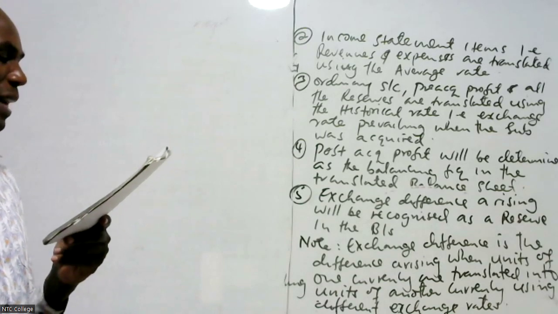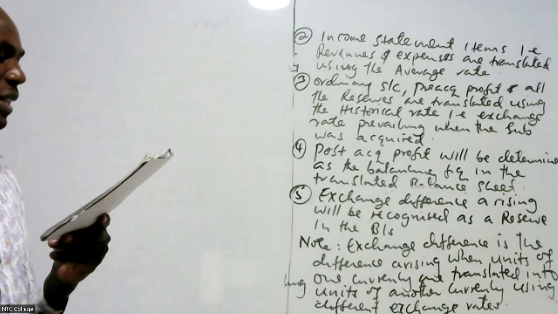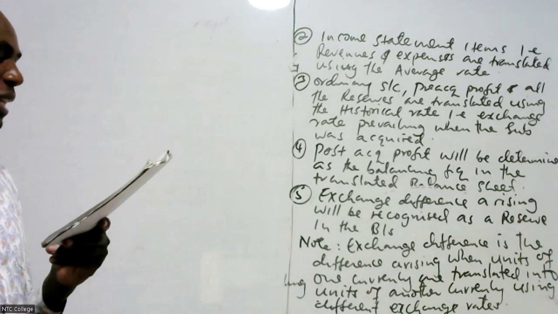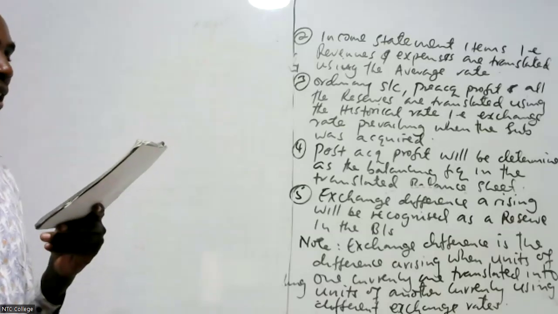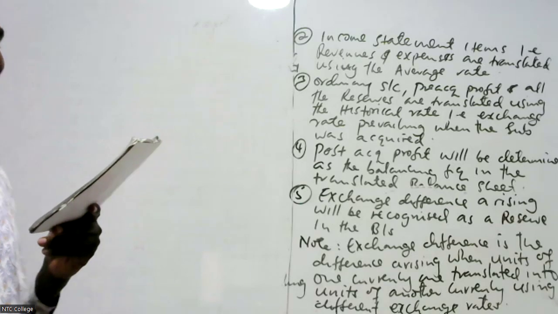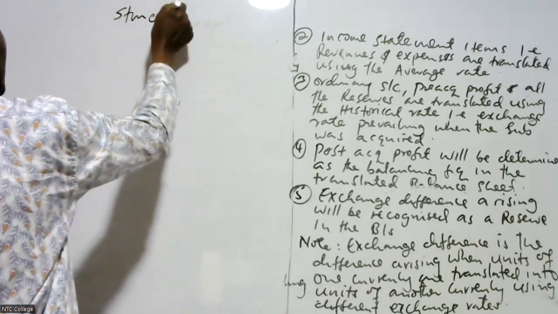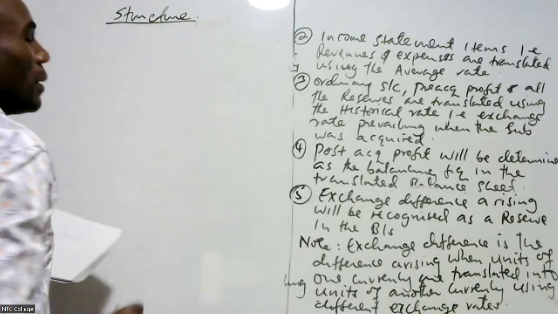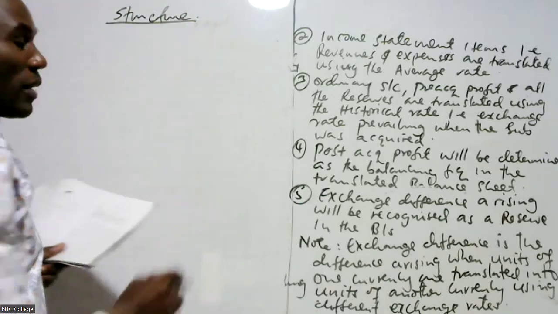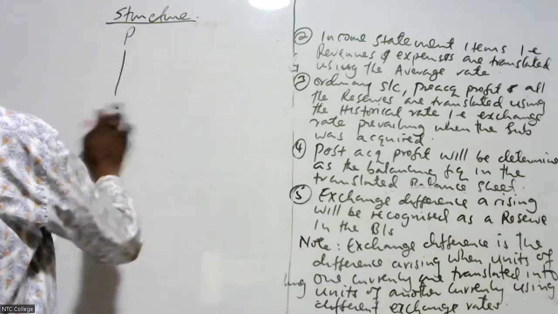Both companies prepare their financial statements in accordance with International Financial Reporting Standards. Now, note number one, on 1st January 2021, P Limited acquired 80%. Therefore, my structure there: P Limited acquired 80% of S Limited.